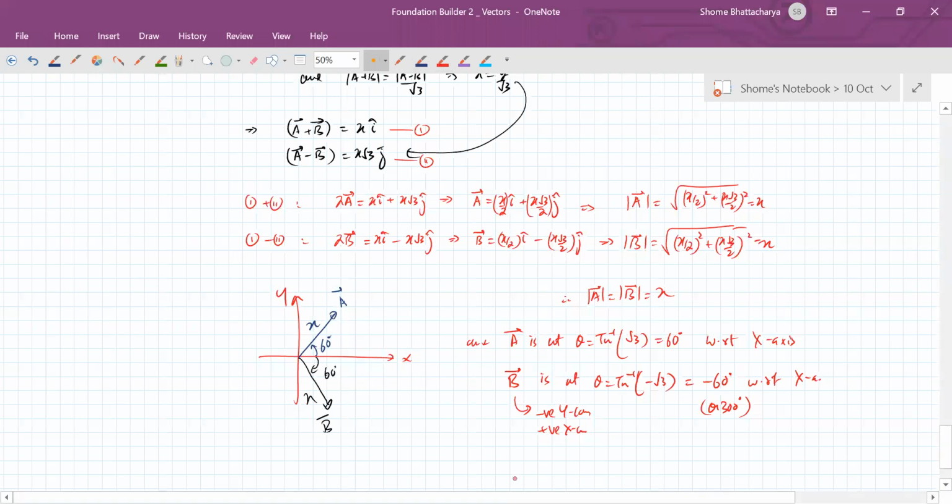So therefore you can see that A and B are at theta equal to 120 degrees with respect to each other. And also you can see that in this we have taken our A plus B to be along the x axis. So alpha is equal to 60 degrees.